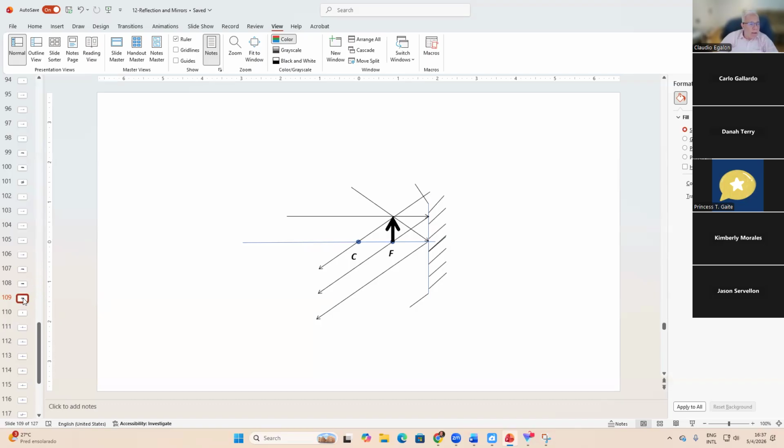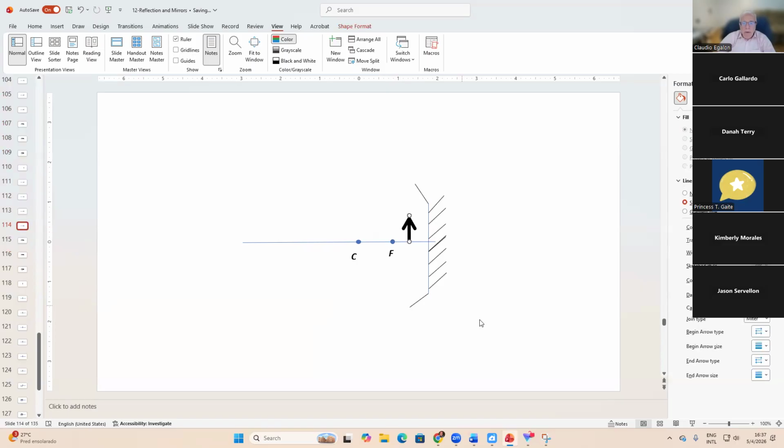And the final one, here you go. Now the object is going to be between the mirror and the focal point. Just like before, a light ray parallel to the axis is going to reflect through the focal point.